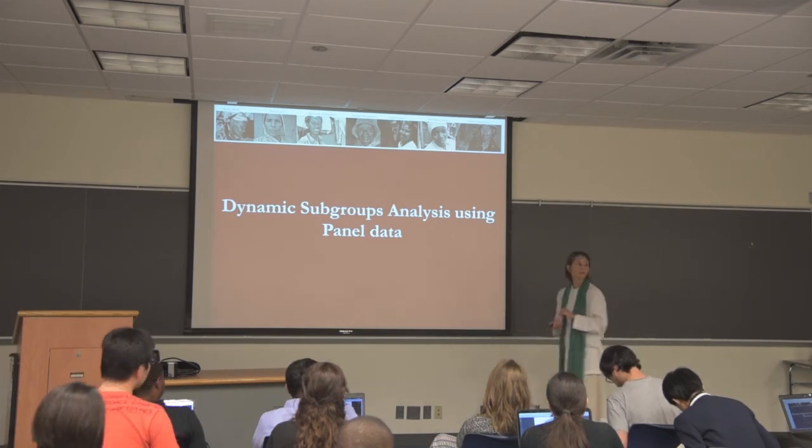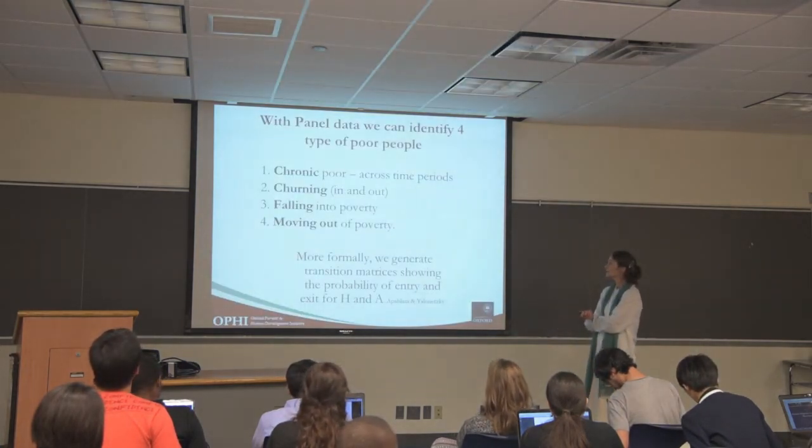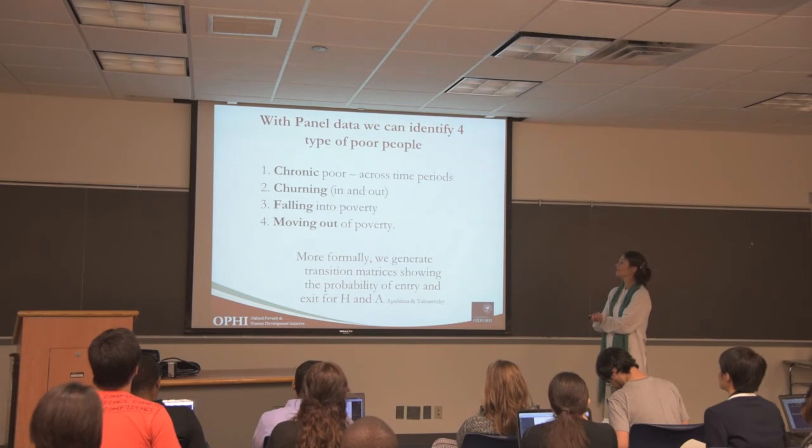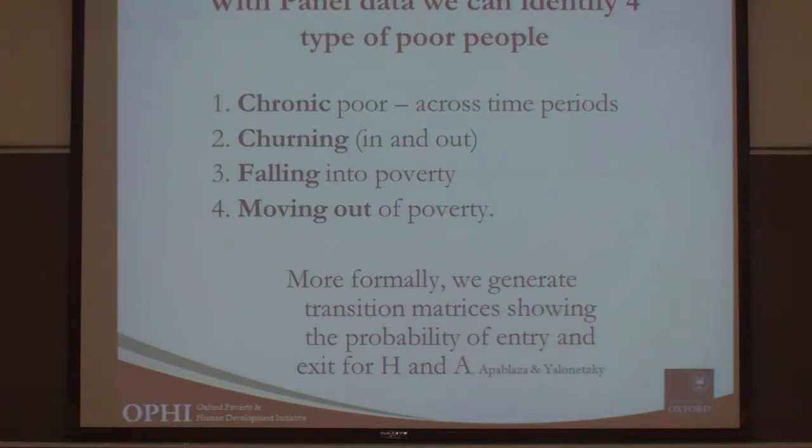So let's look first a little bit at just the basics of descriptions. Let's presume we have 3 periods. We have people who are poor in every period, so they're chronically poor. We have people who are poor, non-poor, poor, or non-poor, poor, poor, non-poor.